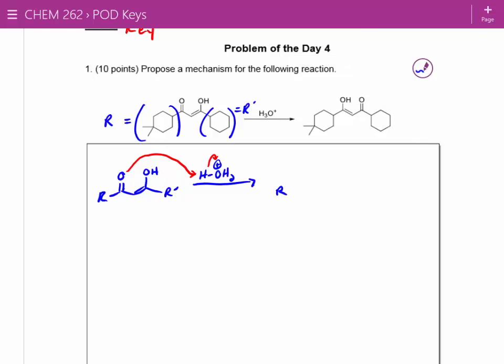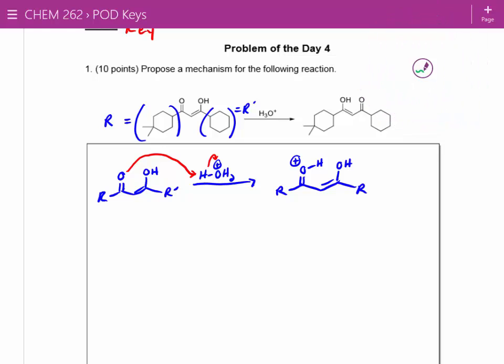So now that we've protonated that ketone, this oxygen has a positive charge. This alcohol over here is neutral. Let me redraw this positive a little bit more clearly. And is oxygen very happy with the positive charge? No. Is there any way we can stabilize it?